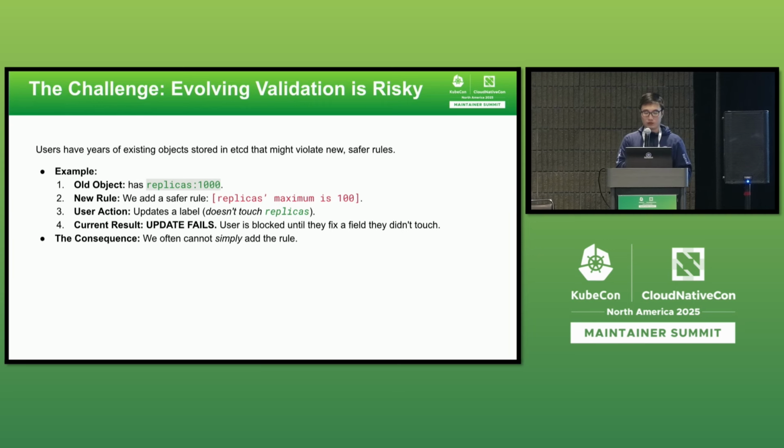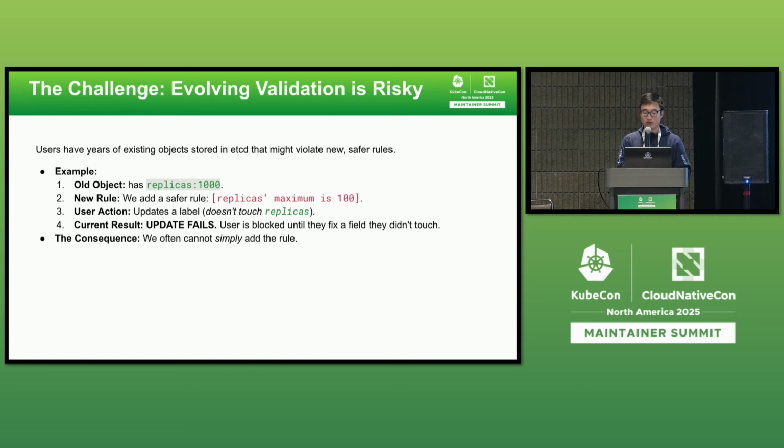Before we dive into the next highlight, I want to also talk about the challenge. We have always had a hard time evolving validation because we need to make sure it's backward compatible. I will take an example here: you have an old object with replicas equal to 1,000, and you want to add a new rule which is safer. You want to make sure that replicas is at most 100. So the old object is basically invalid.